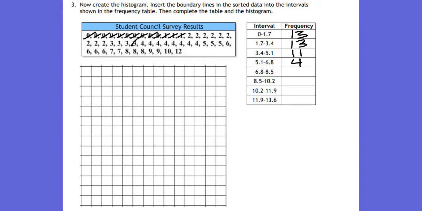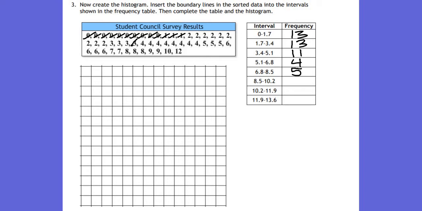6.8 to 8.5. Does 6 fall in that? 7? Yes. There's 2 of those. What about 8? 3 8s. 9s? No. So that gives me a total of 5. 8.5 to 10.2. Does 8 fall in that?